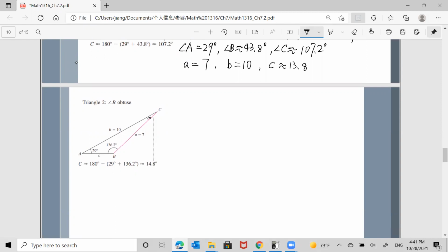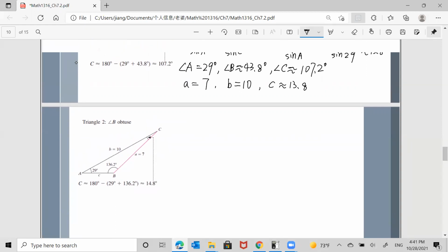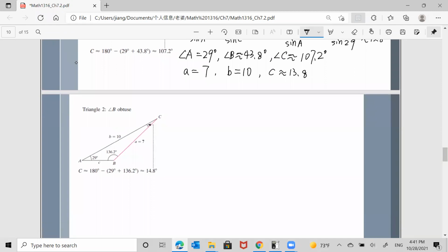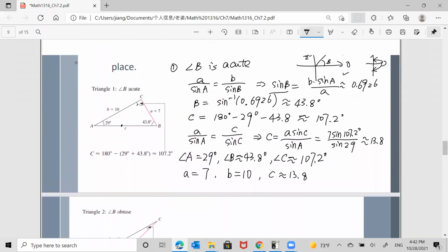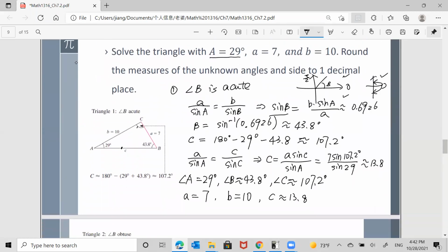A is given, and b and c. We have learned that from the given information, from the previous step, we can use this to solve for B. And we have learned that our calculator only gives us the inverse sine function in the first quadrant and the fourth quadrant.